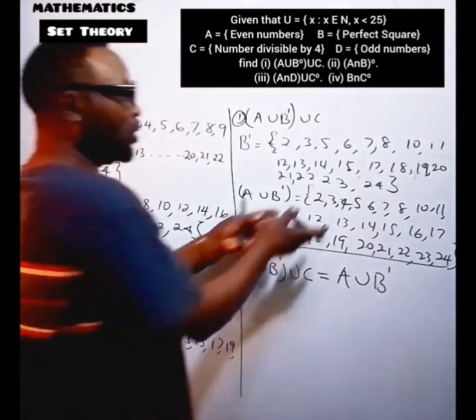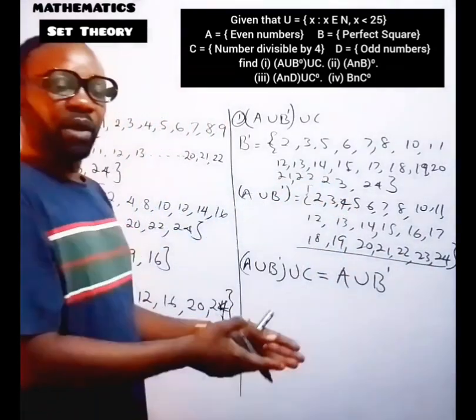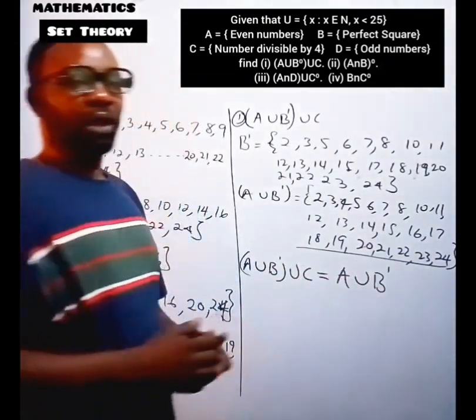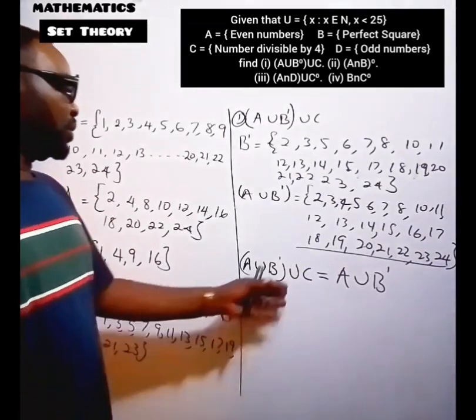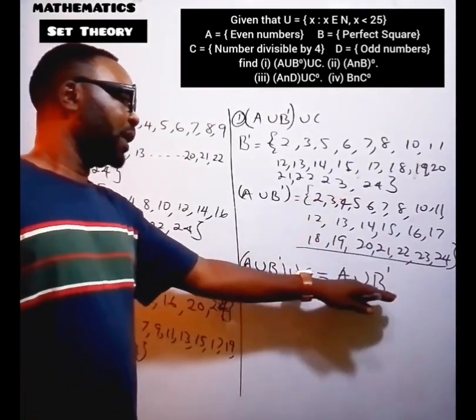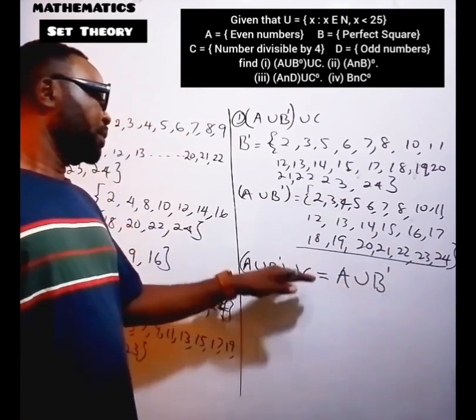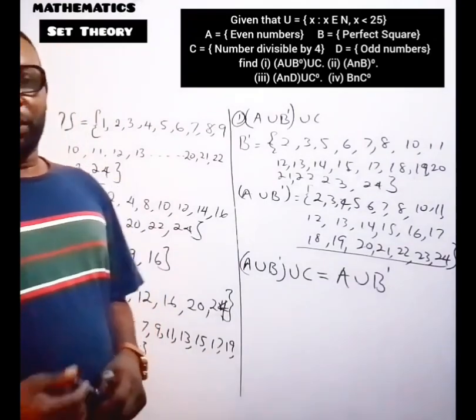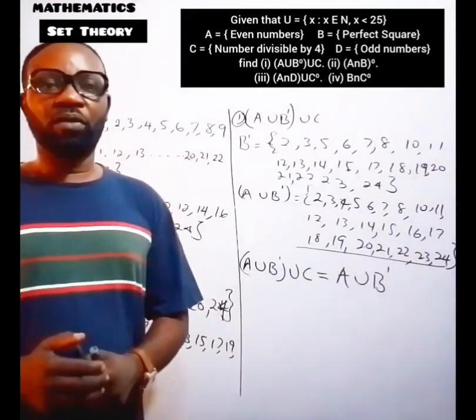So all other values must be included because we are talking about union here. That is the answer to that question.